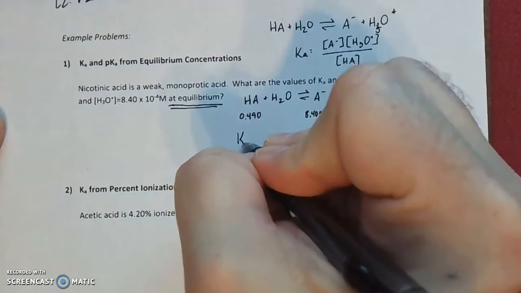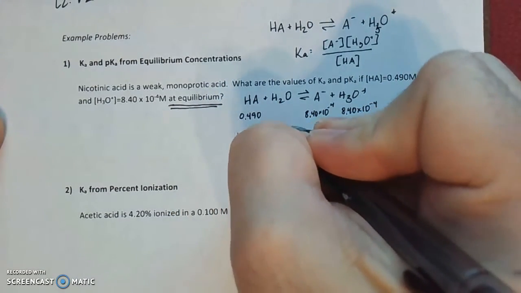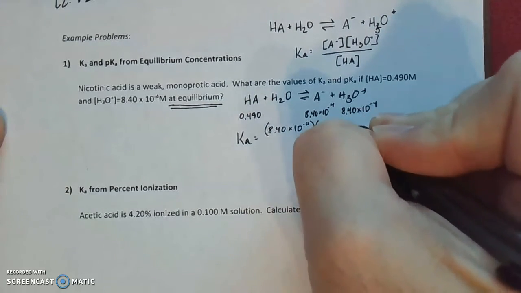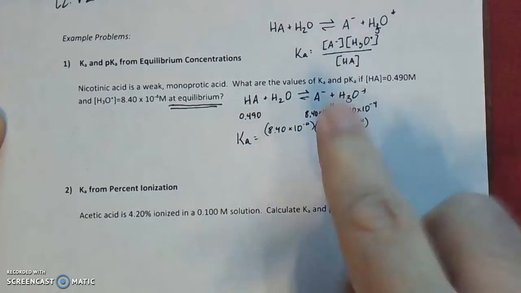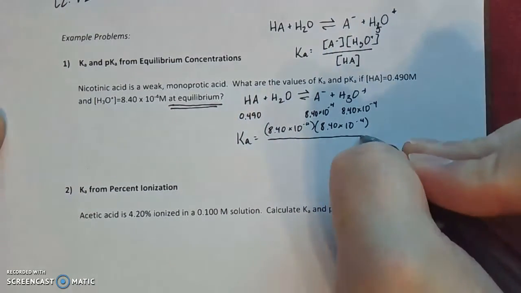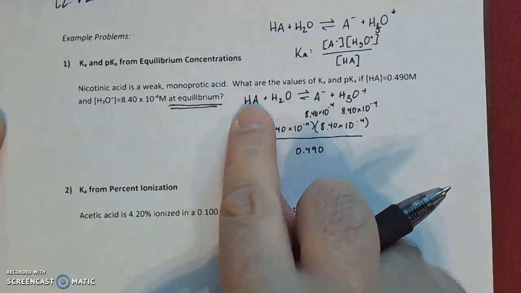So our Ka value is going to be 8.40 times 10 to the negative fourth times 8.40 times 10 to the negative fourth, there are our A minus and our H3O plus, all over 0.490, which is our concentration of HA.